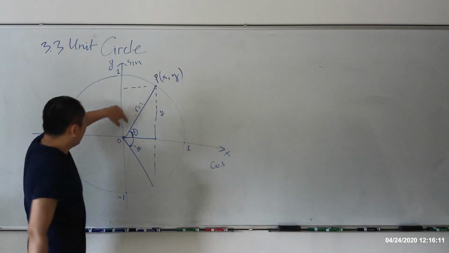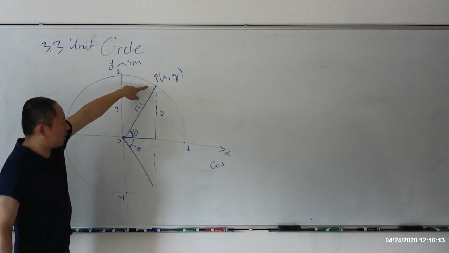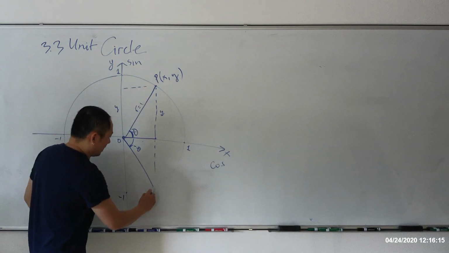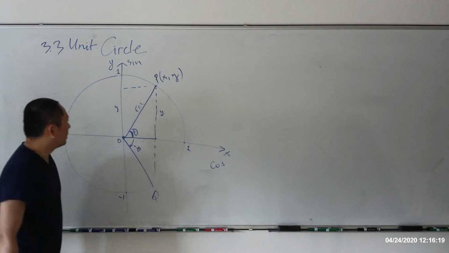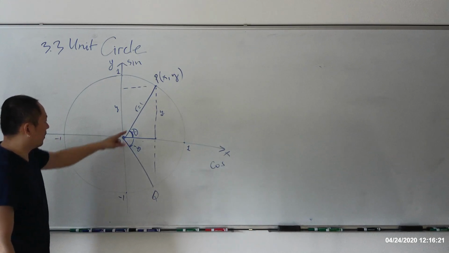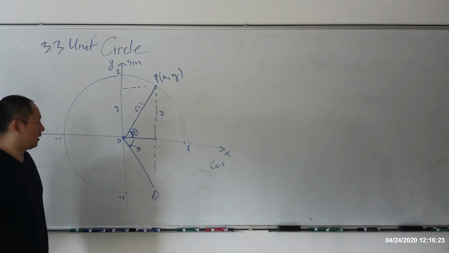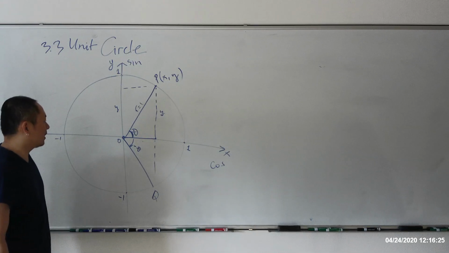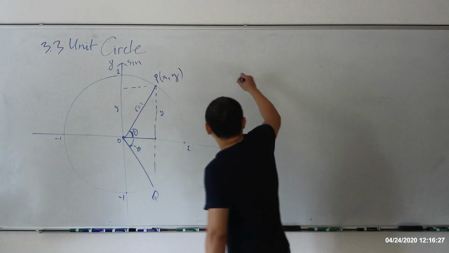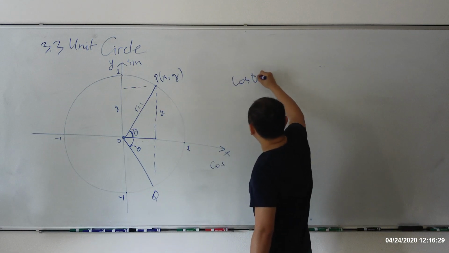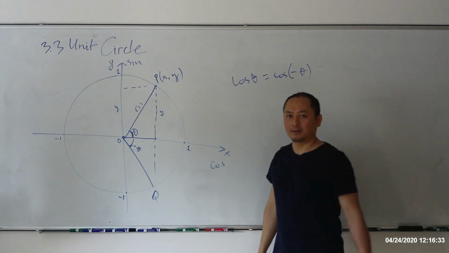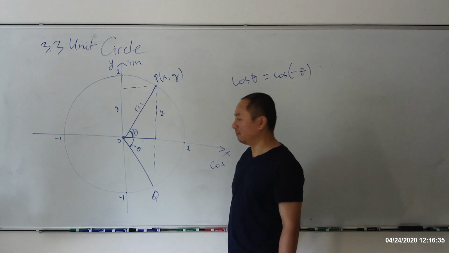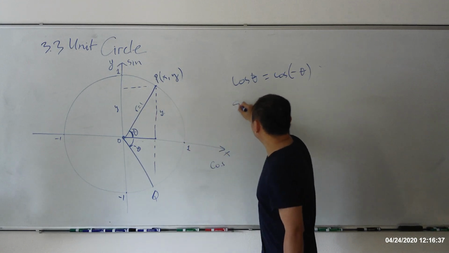So with angle theta, you have a point P in quadrant number 1. This is like P about Q in quadrant number 4. Angle theta, angle negative theta. You see what happened here for sine and cosine. You see that cosine of theta will be the same as cosine of negative theta. What about sine?